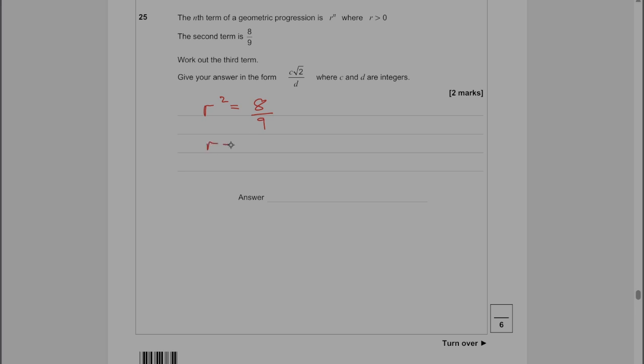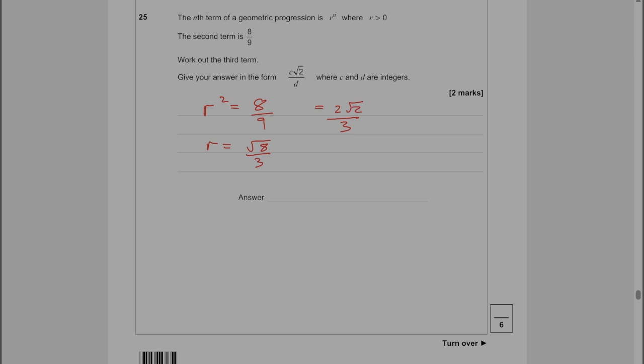So r is going to be equal to root 8 over 3, which is the same as 2 root 2 over 3.